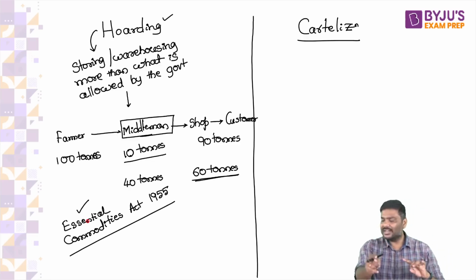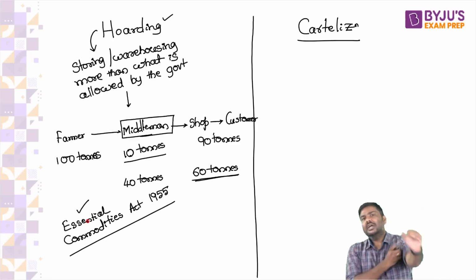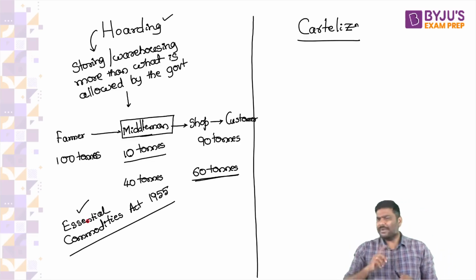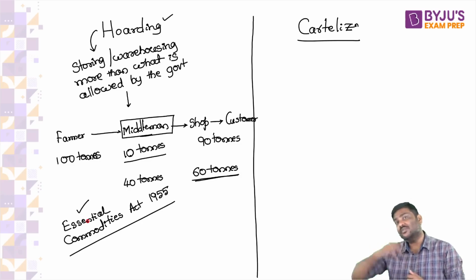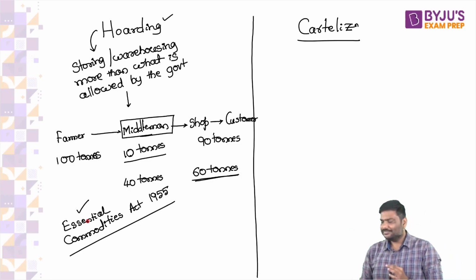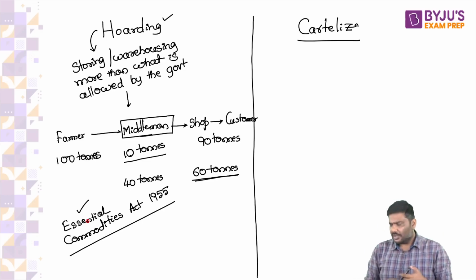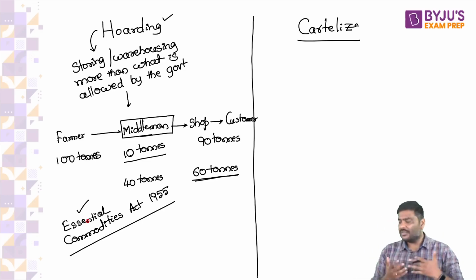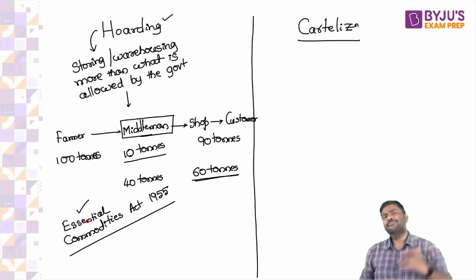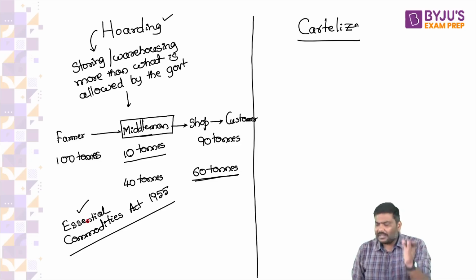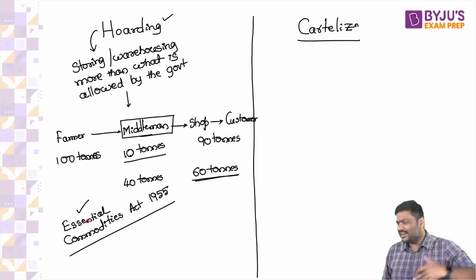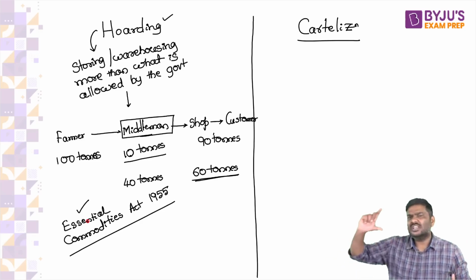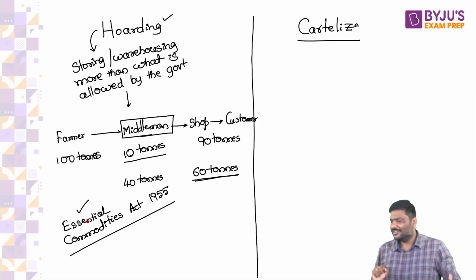I'll connect it to current affairs. Think of it. During the pandemic, don't you think the demand for sanitizer was very high? Now, despite the demand being so high, why do you think market prices did not increase to 500 rupees, 600 rupees, or even 1000 rupees for a small bottle of sanitizer?